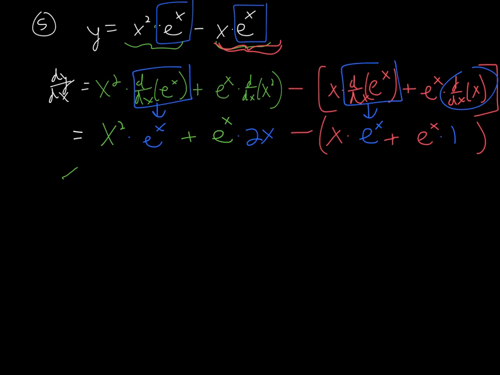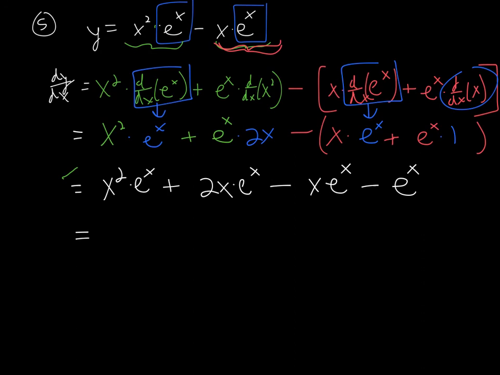So I'm ending up with x squared times e to the x, plus I'm going to put the 2x in front, 2x times e to the x. And now I'm going to go ahead and distribute the negative through. So minus x times e to the x, and then minus 1 times e to the x at the end there. I'm just going to look and see if I can combine any terms.